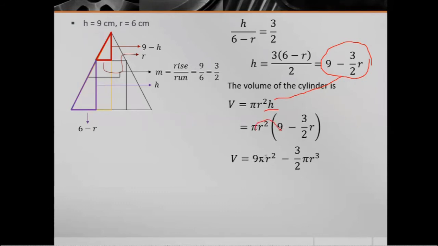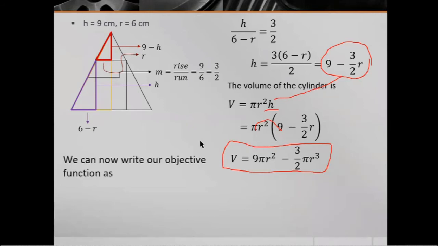So, meron tayong 9 pi r squared. Then, pi r squared distribute sa negative 3 halves r. Meron tayong negative 3 halves pi r cubed. Okay, so save natin itong part na to. We can now write our objective function as V of r equals 9 pi r squared minus 3 halves pi r cubed.